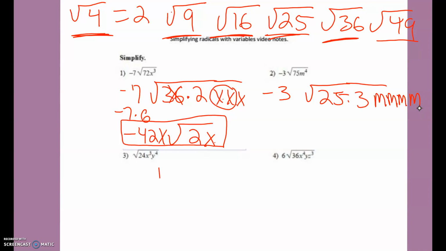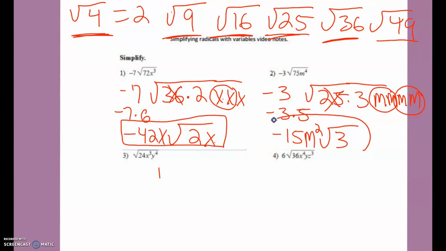All right, square root of 25 is 5, so that'll be negative 3 times 5, which is going to be negative 15. Okay, 25's gone, right? We've got 3 left over. Now let's deal with the letters. We have 1, 2 groups of m, so that would be m to the second. Okay.